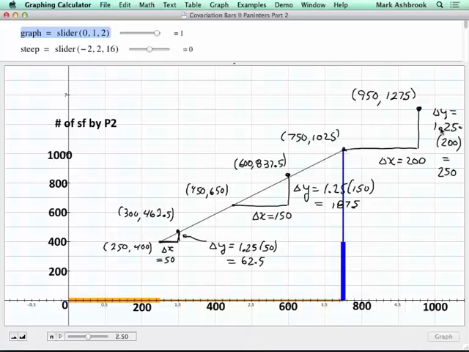The new value of y equals the old value of y plus the change in y. It should make perfect sense, like butter, like falling out of bed. You start with a value, you add the change, you get the new value. But it's a very important idea, okay? That the new value of y, painter 2, is the old value, 1025, plus how much additional he painted, 250, to get to 1275.